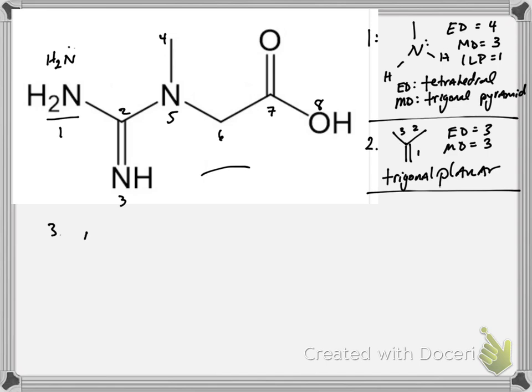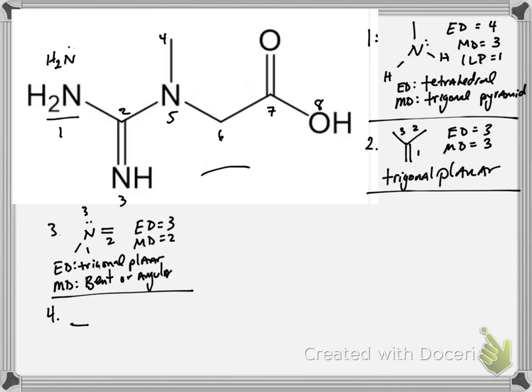That gives us 120 degrees. All right, so we go through 3. 3 is also 3 domains. Remember, we keep the double bond as just one domain. Lone pair is one domain. So this is also an electronic domain of 3, but a molecular domain of 2. So this would be an electronic domain trigonal planar, molecular domain bent or angular.